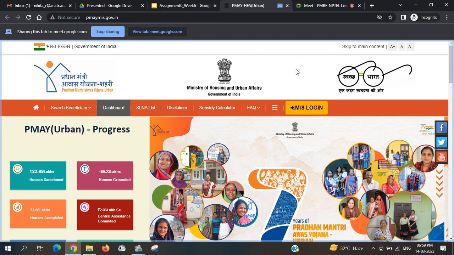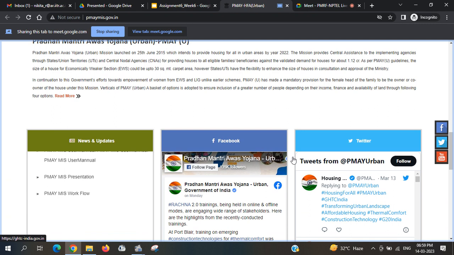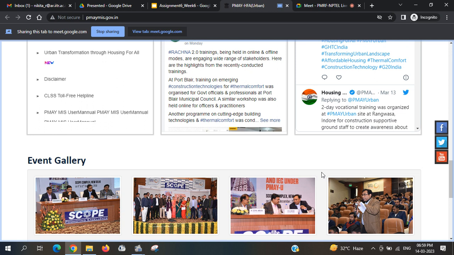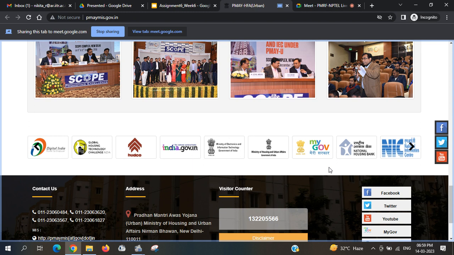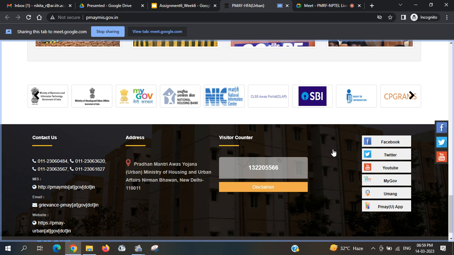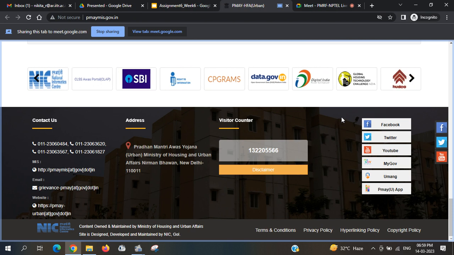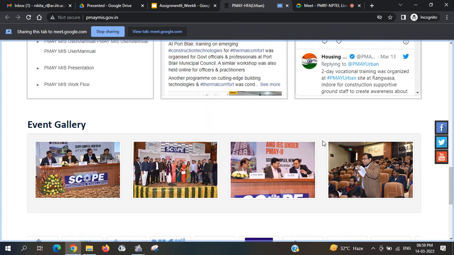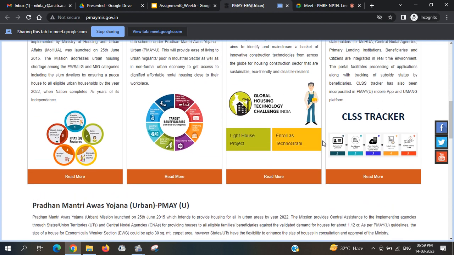I am not able to find it here, but there was a link to the Bhuvan portal. So Bhuvan portal actually displays, not in real time, but it displays the progress of construction of different houses in a geographical integrated system, and you can see the status of progress or construction of different houses under this PMAY program.